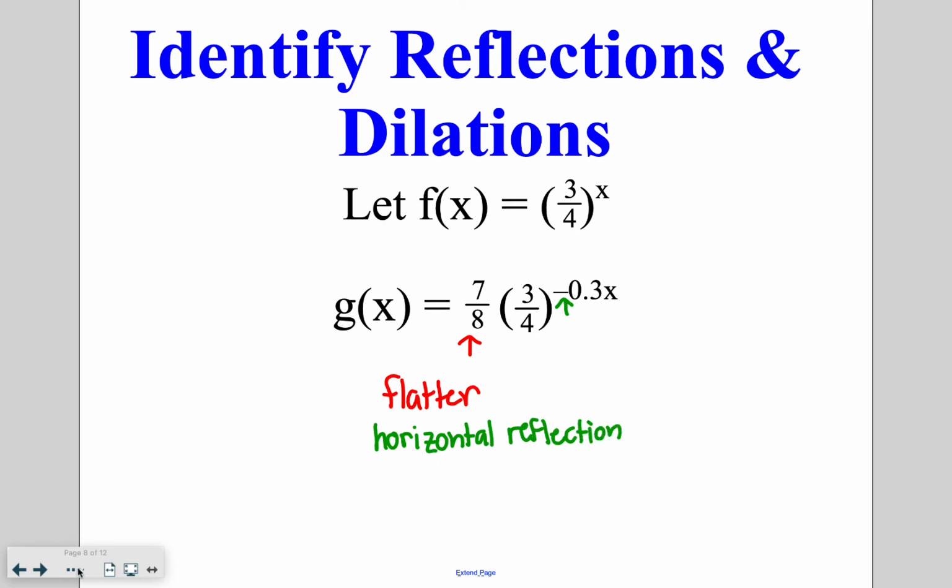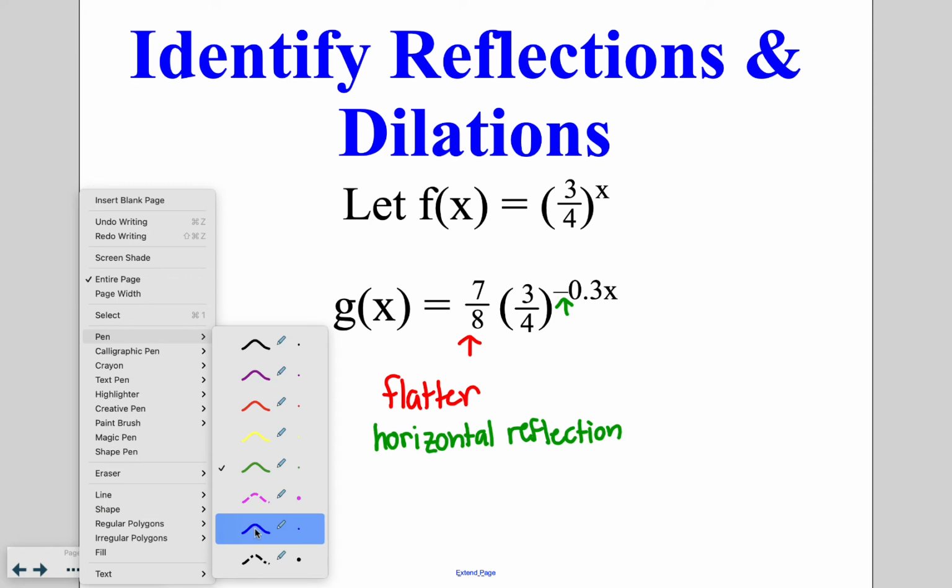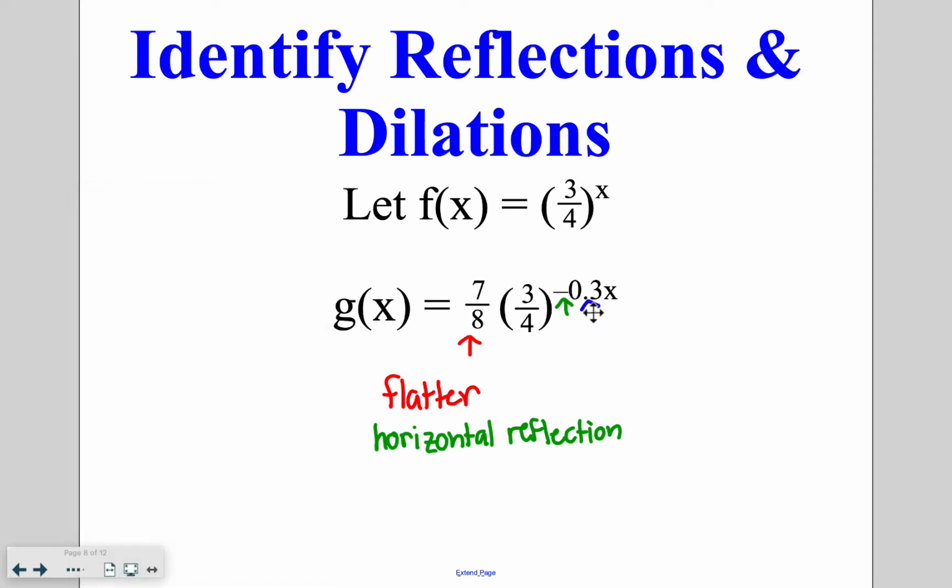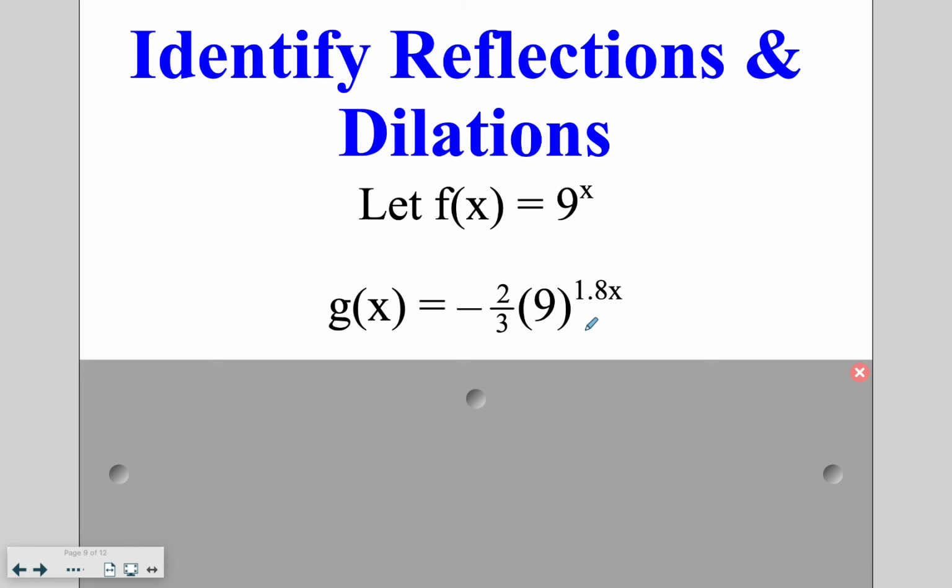That last piece up in the exponent, that 0.3, we already dealt with the negative, is going to tell me that I have a horizontal stretch or that my graph is getting wider. So it is getting flatter from the front and wider from that exponent. Go ahead and try this one on your own.